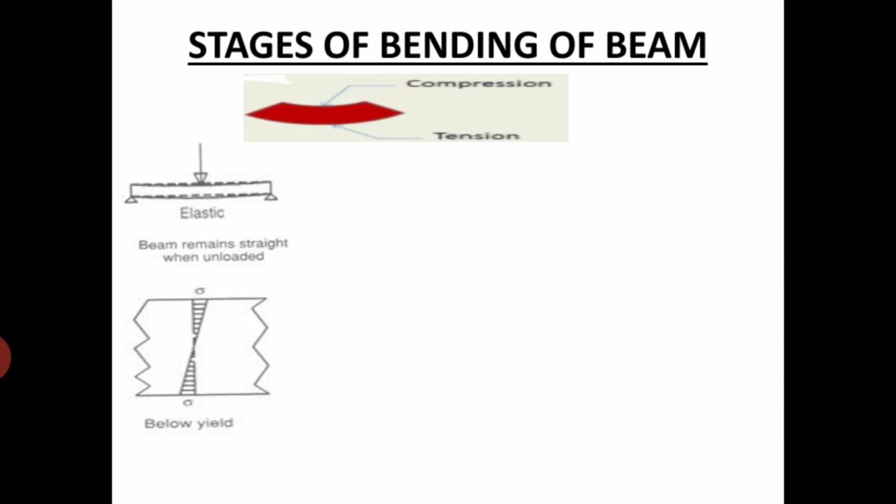So that is F, or you can say sigma is the stress induced in the upper part of the beam as well as the lower part of the beam. The upper part of the beam is subjected to compressive stress, and the lower part of the beam is subjected to tensile stress.